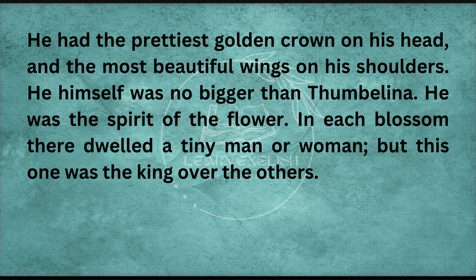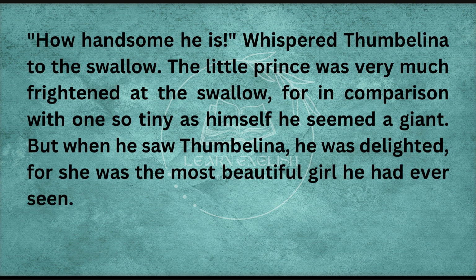In each blossom there dwelled a tiny man or woman, but this one was the king over the others. "How handsome he is," whispered Thumbelina to the swallow. The little prince was very much frightened at the swallow, for in comparison with one so tiny as himself he seemed a giant.